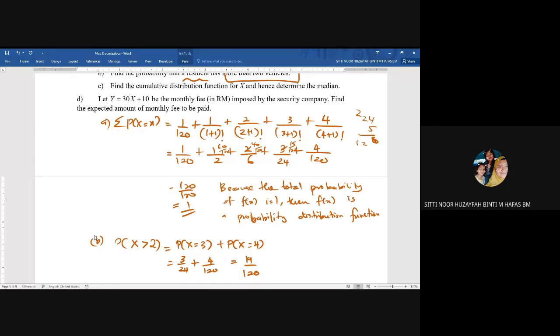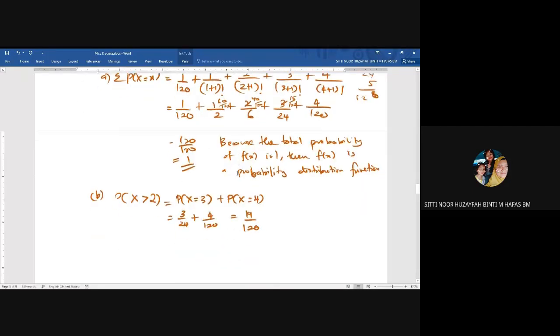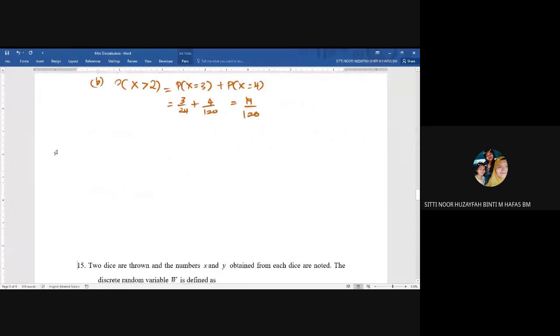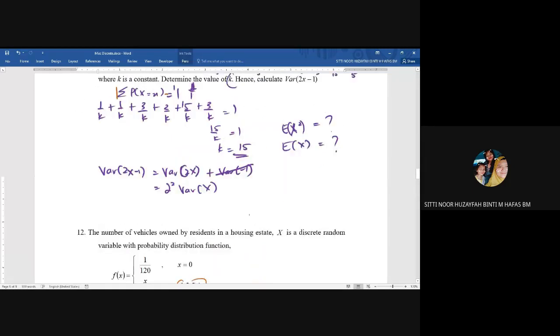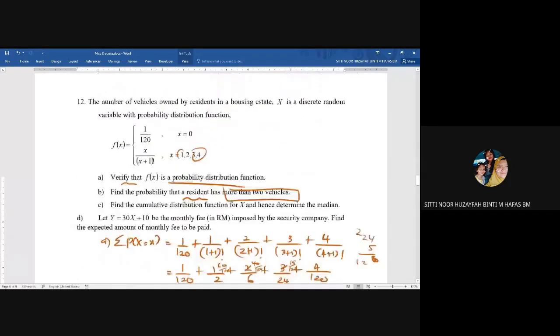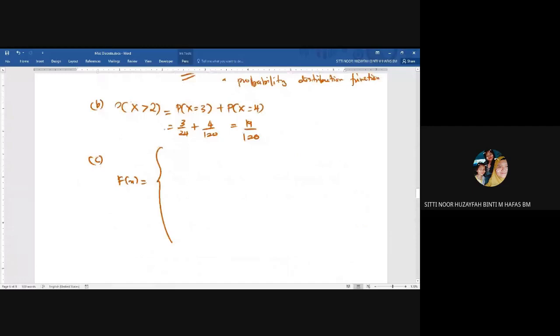Okay, now we need to find the cumulative. So how to write down the cumulative? Remember that we have to write down all the values of x. And how to represent the x? It should start before the first value of x, which is equal to 0. So x should be less than 0.